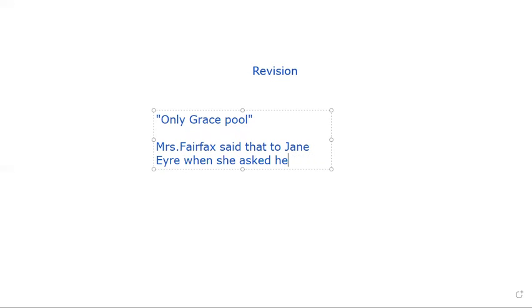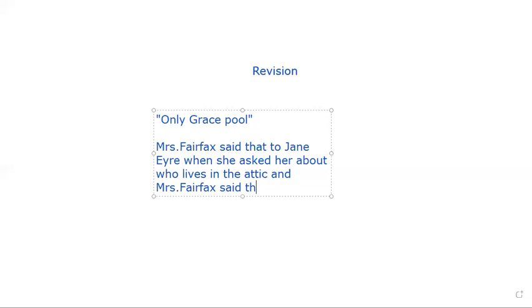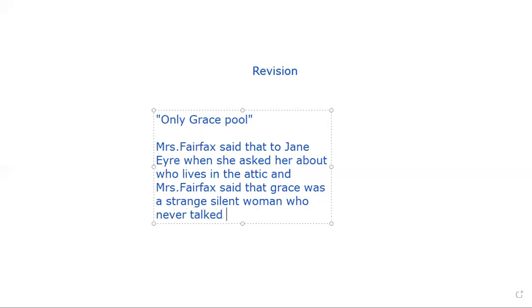When Jane asked her about who lives in the attic, and Mrs. Fairfax said that Grace was a strange, silent woman who never talked to any of the servants, but she isn't harmful.